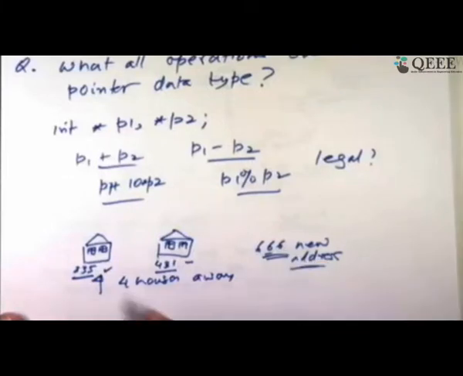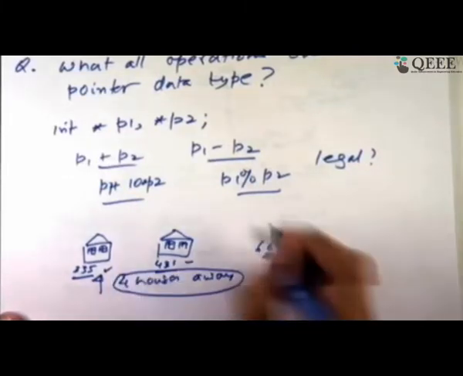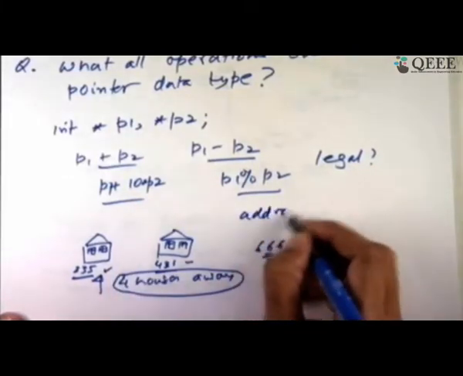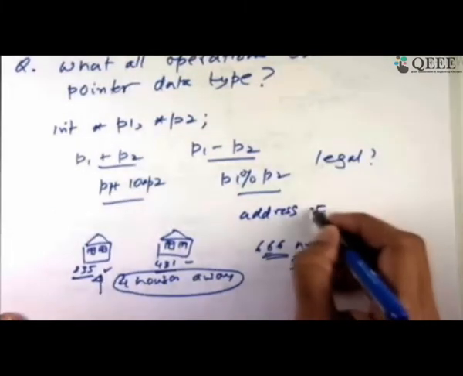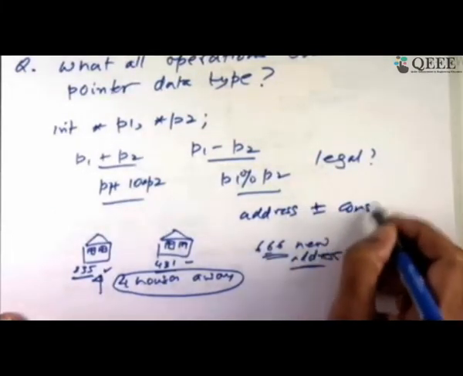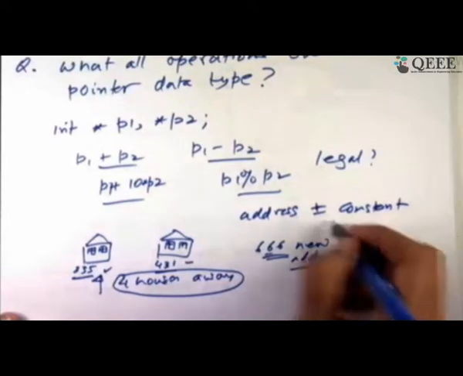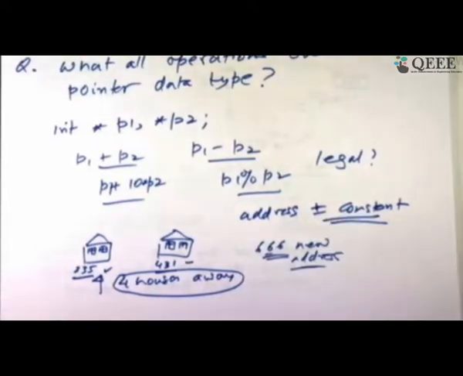So observe what I am doing. I am taking an address, and to that address I am adding or subtracting a constant. I want to go a few distances away. This is typically always allowed. Only those operations which make sense in real life will also make sense in the computer. So addresses you don't multiply by arbitrary operations. You can compare. Is 235 equal to 235? Yes.